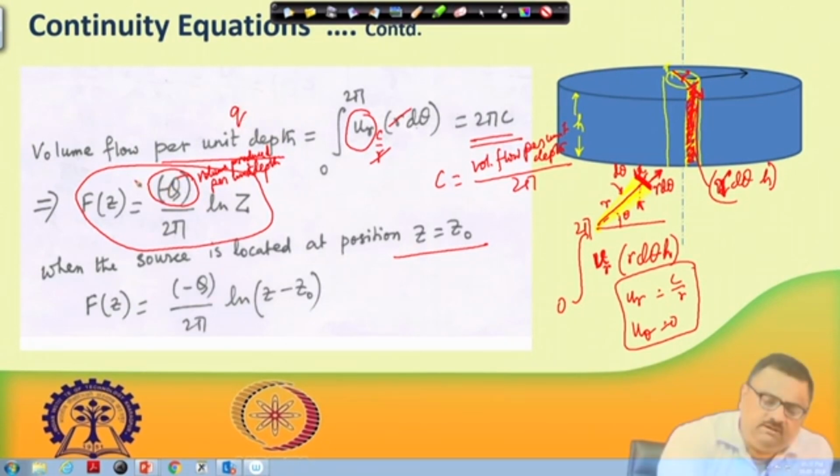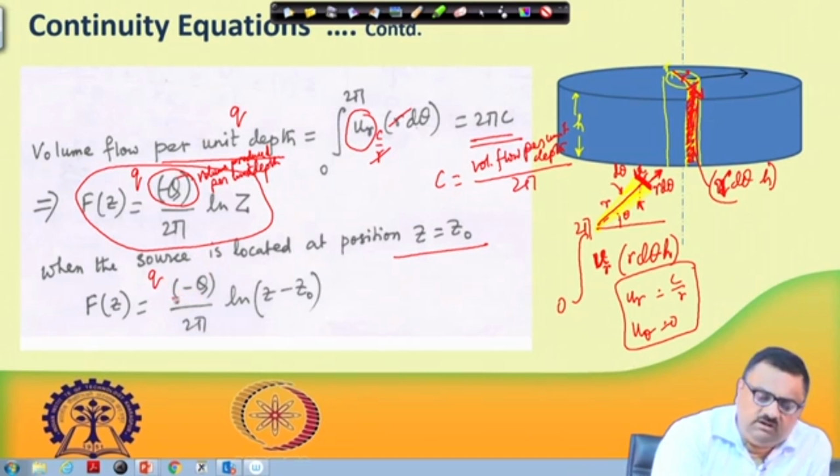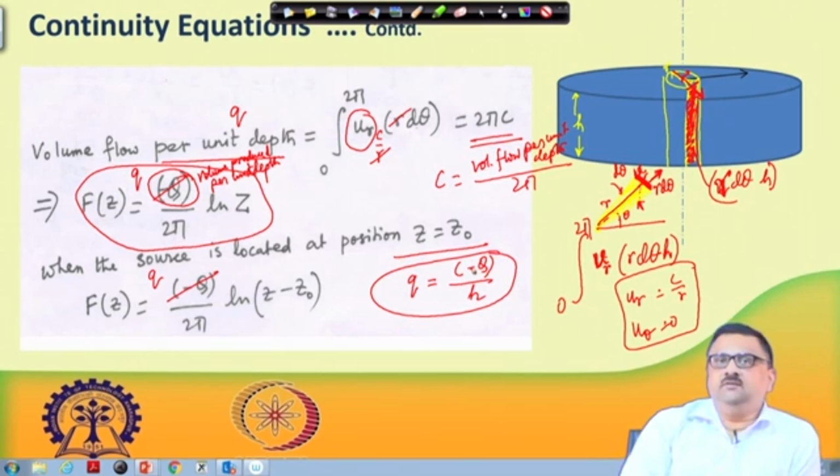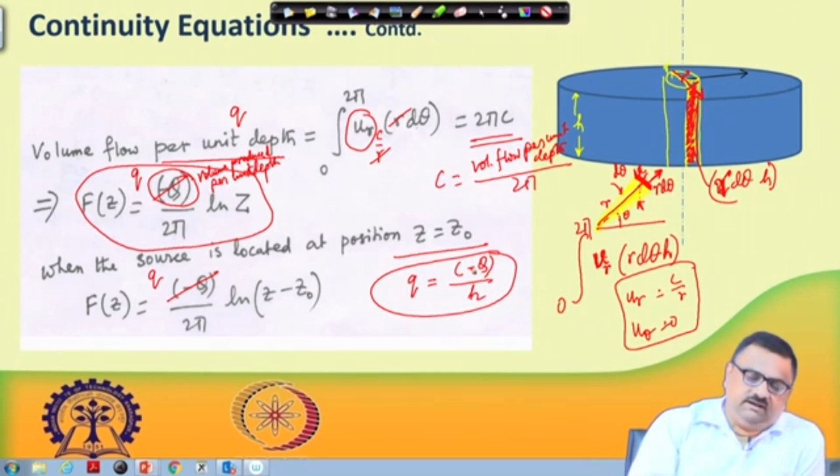So, instead of capital Q, we write small q, and then we equate that q is equal to minus capital Q divided by H. That would probably be consistent with the capital Q we have defined in previous lectures.